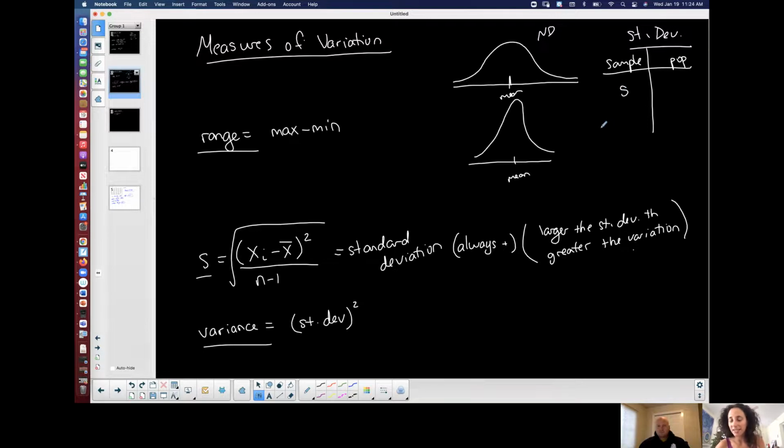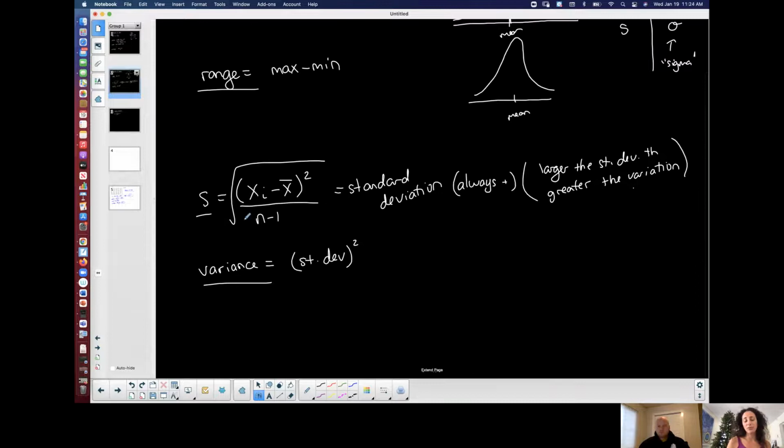So lowercase s is your sample standard deviation. And this is called sigma, another Greek letter that we use to indicate population standard deviation. So if I see sigma, I'm automatically talking about a population standard deviation. If I see s, I'm automatically talking about a sample standard deviation. Very important, especially later on. This is a big deal. So get used to notation now. I tell you over and over again, okay?